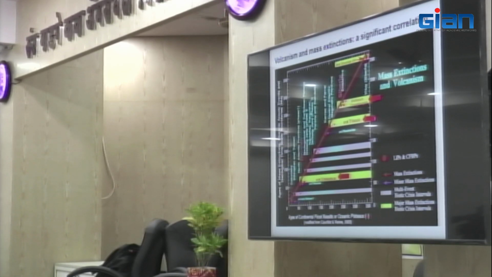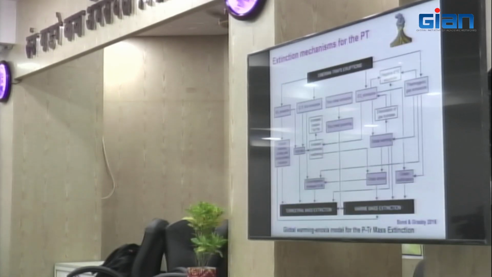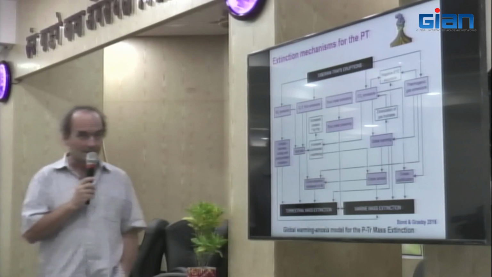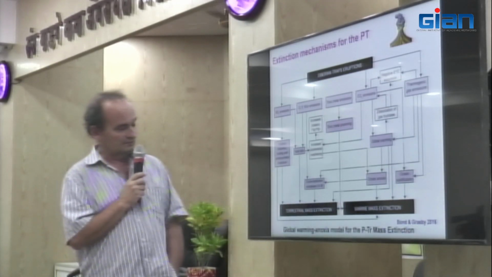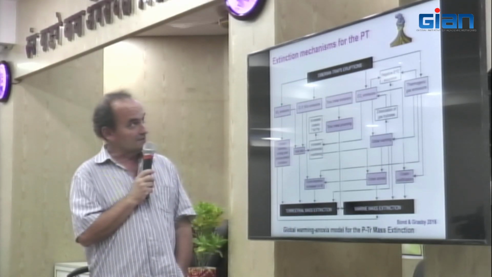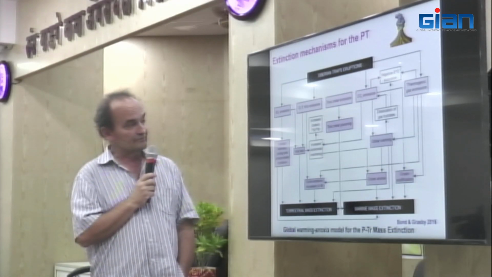And now we can start to think a little bit about the mechanism of mass extinction and to talk about this Orient Express crime. I will finish this presentation of today very quickly. So this is the extinction mechanism for the Permian Triassic.